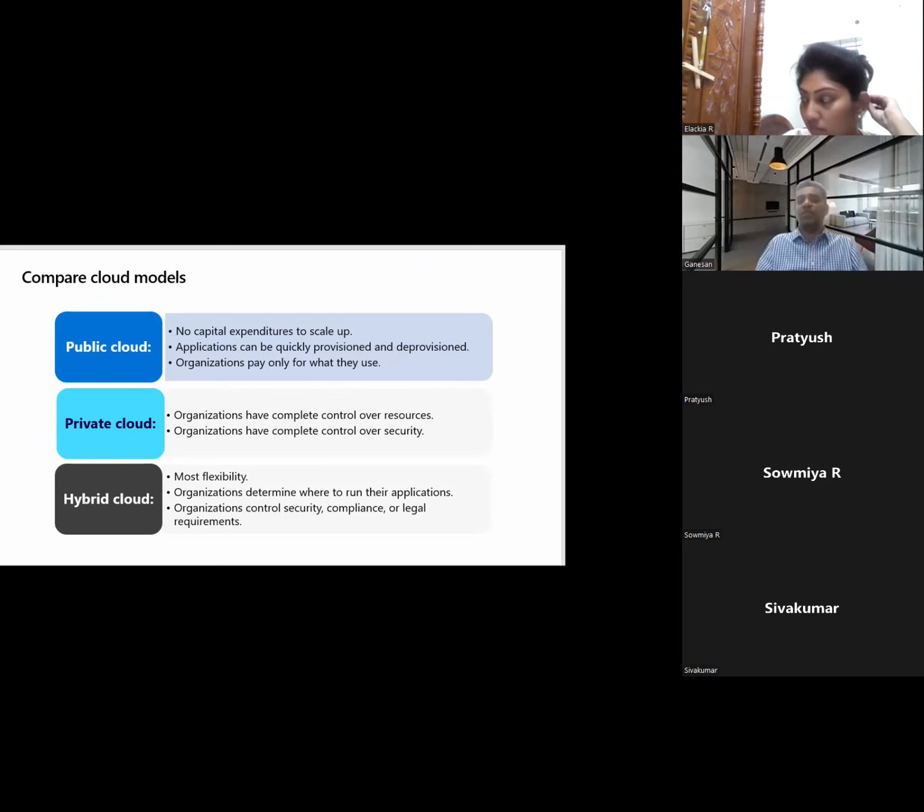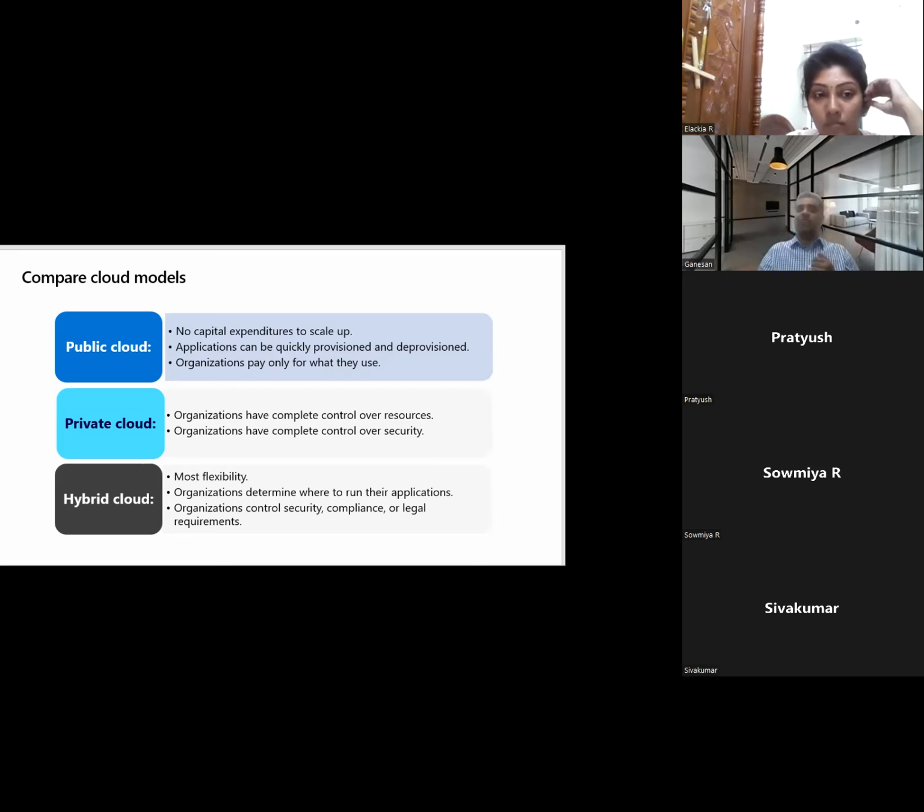In the examination, they will ask what is public cloud, what is private cloud. That's all. So this is the comparison. If you go for public cloud, there is no capital expenditure to scale up. Your application can be quickly provisioned and deprovisioned, and your organization pays only for what it uses. If you go for private cloud, the organization has complete control, because private cloud means I purchase the machines and create virtualization on top of them.